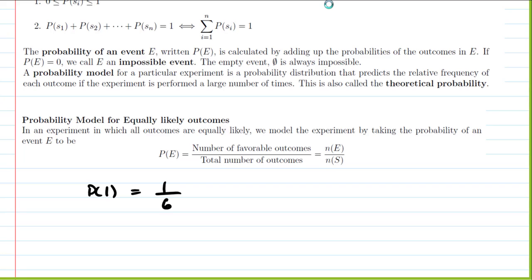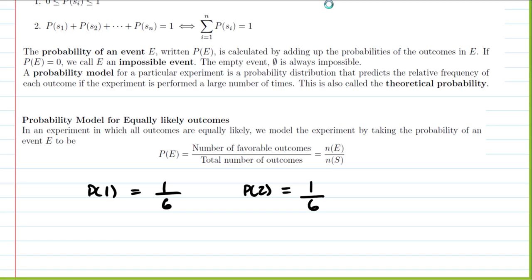What would be my probability of rolling a 2? Yeah, there's 1, 2, and 6 outcomes. In fact, what is it going to be for all of the numbers? 1 over 6. And if I add those up, 1 over 6 plus 1 over 6 plus 1 over 6 plus 1 over 6 plus 1 over 6, 6 times, what do they all add up to? Which is 1. Which is exactly what we were talking about.